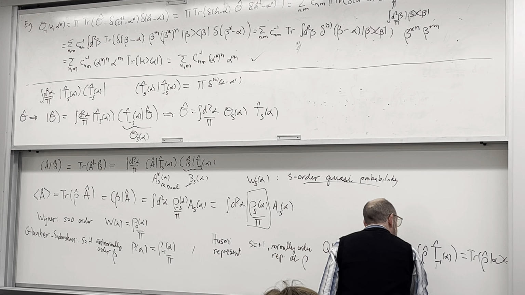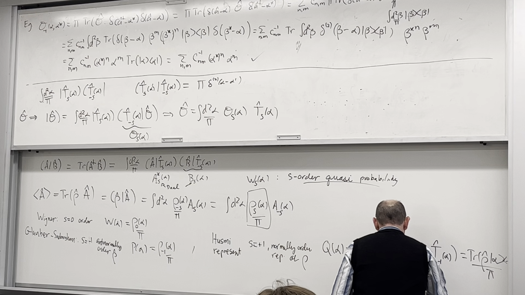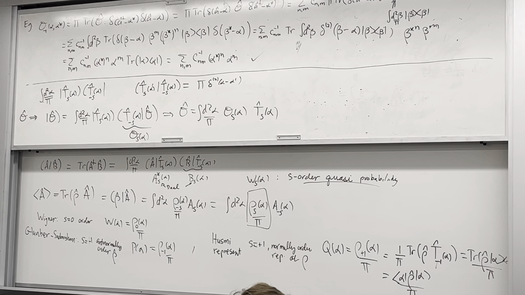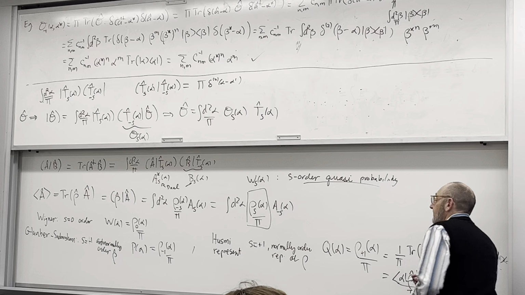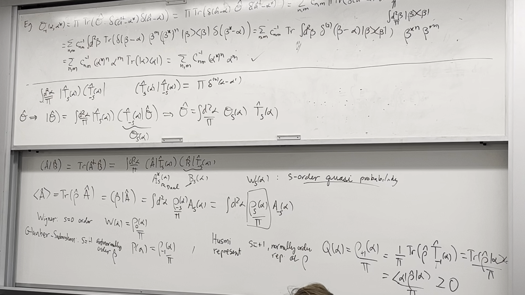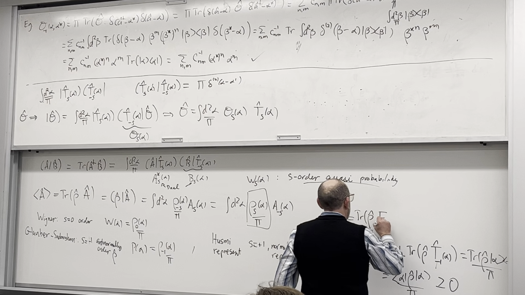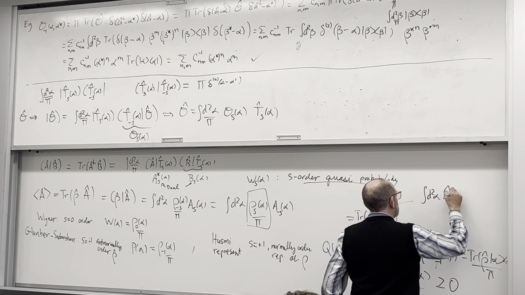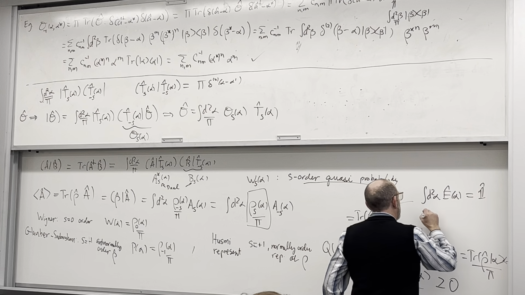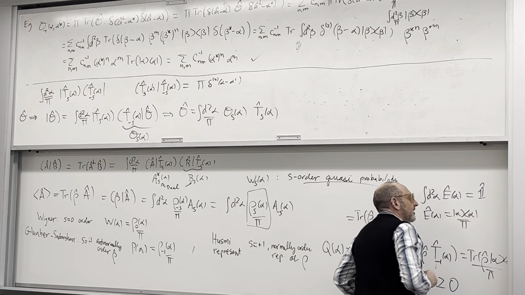So the Q function is the probability, a true probability density. It's always positive. The Q function is the trace of rho with the POVM element, where the POVM element is this.